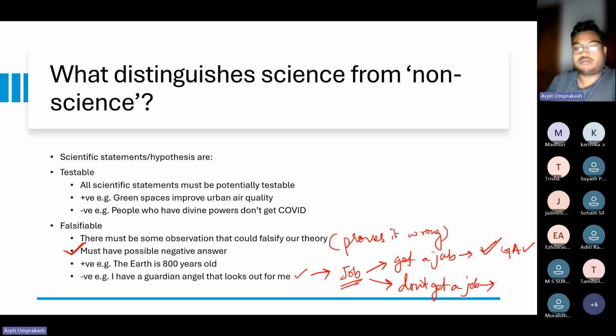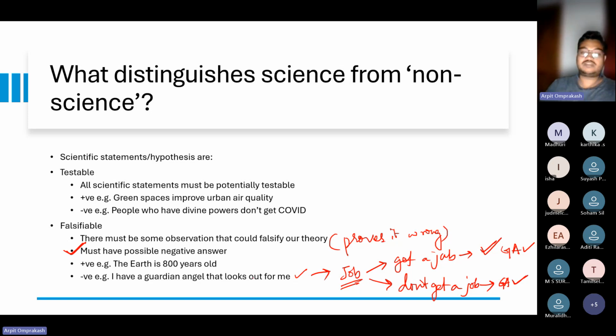one might be like, okay, my guardian angel does not exist or so on. But then again, one might argue that maybe my guardian angel exists and they know that the job I was applying for is not right for me. So that's why I didn't get it. So now you have another, twisted way of saying that your statement is true, even if the result of your test is negative.